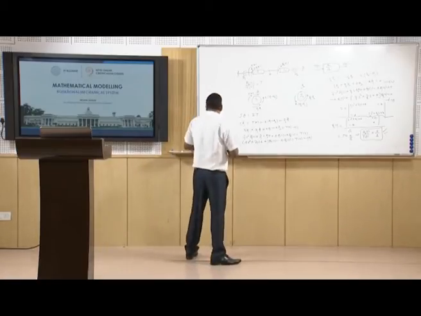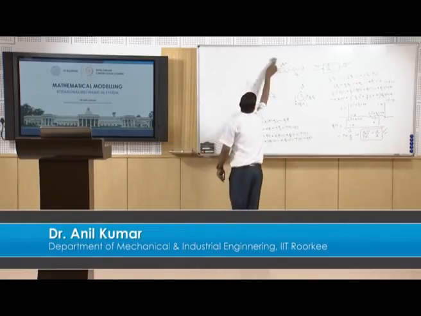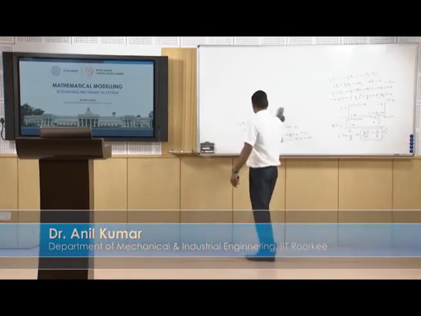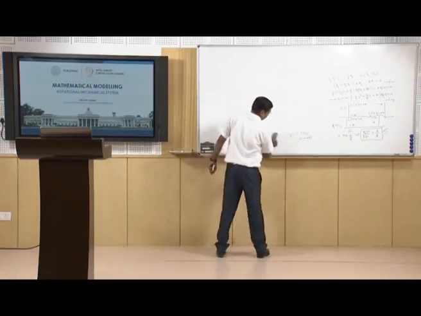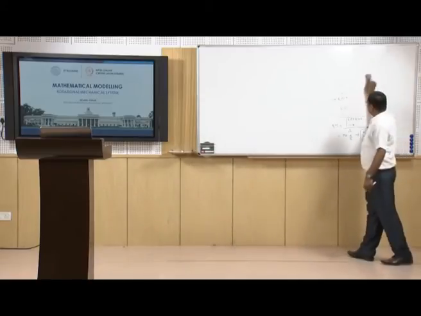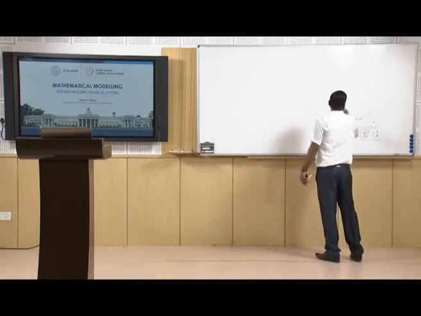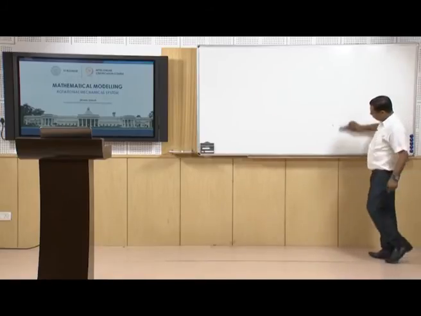Now, we have some discussion on impedance. We can represent the impedance of a mechanical system. The impedance of a mechanical system is represented as the force upon displacement, that is in the s domain.